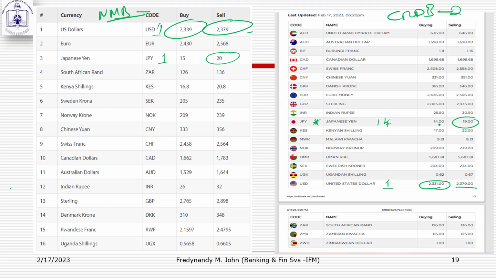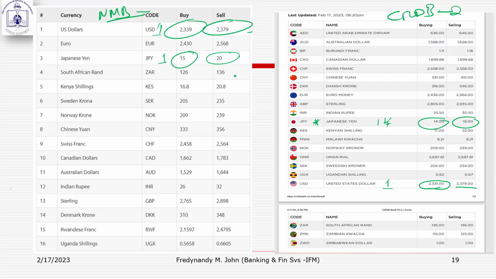But if you, the customer, are the one who wants to sell to these dealers a unit of Japanese yen, then dealer 2 is willing to buy 1 unit of Japanese yen at 14 Tanzanian shillings, whereas dealer 1 is willing to pay you 15 Tanzanian shillings for Japanese yen.